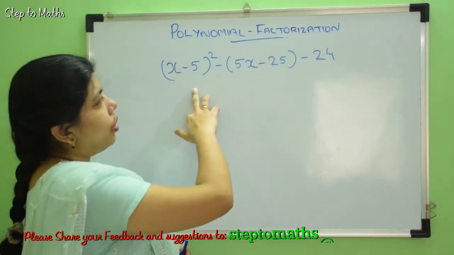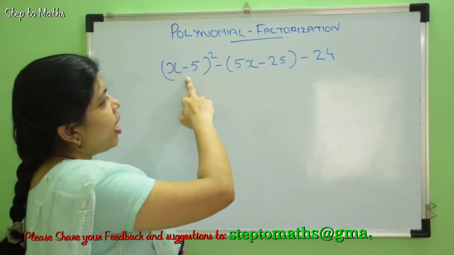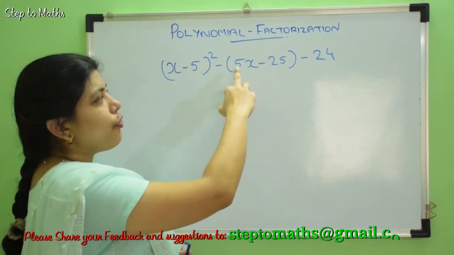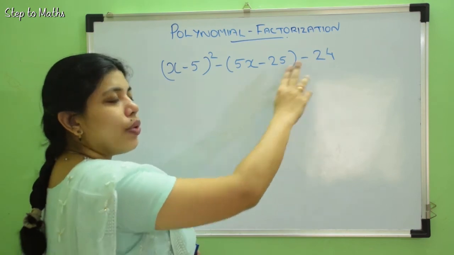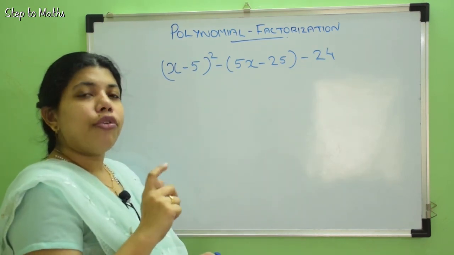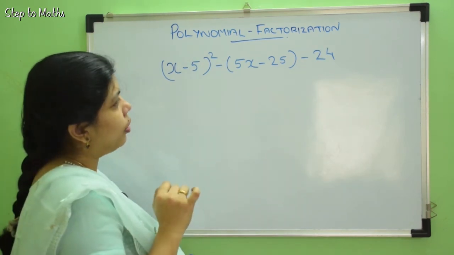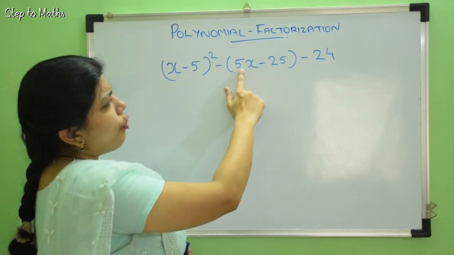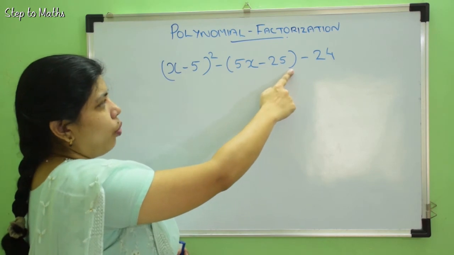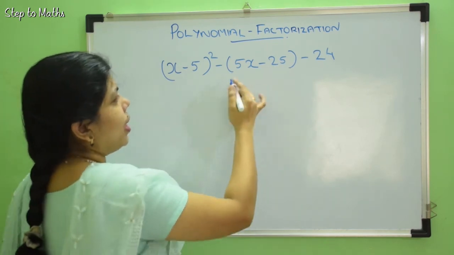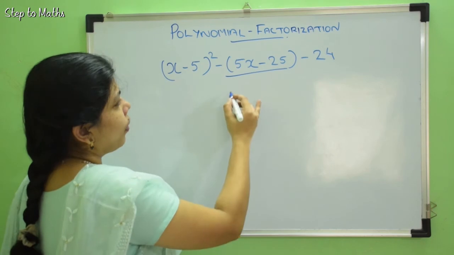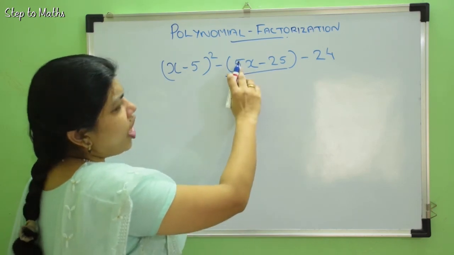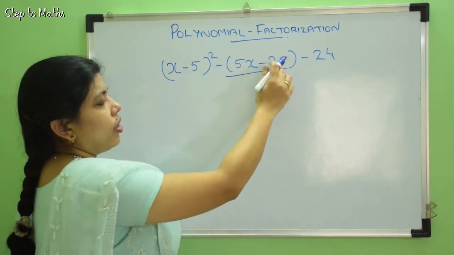Consider this question: (x minus 5) whole square minus 5x minus 25 minus 24. How to find out its factors? (x minus 5) whole square minus 5x minus 25. Okay, consider this term. Here 5 is a common factor.